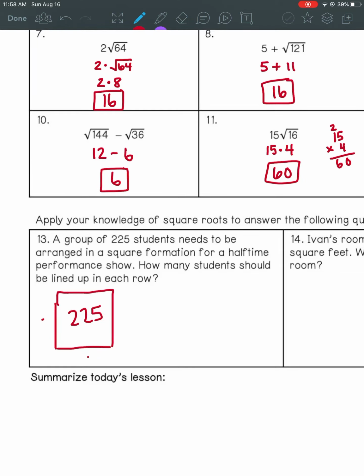So to do that, what times what we're doing is the square root of 225. And the square root is 15. So we'd want 15 students arranged by 15 students, and that would give us 225 total students. Okay?